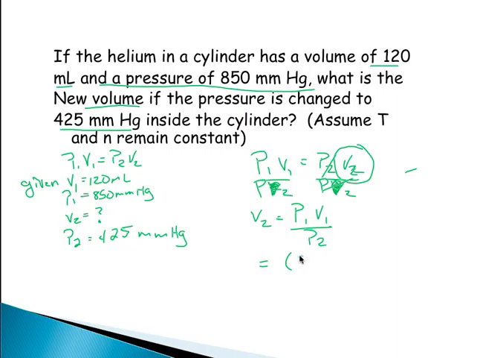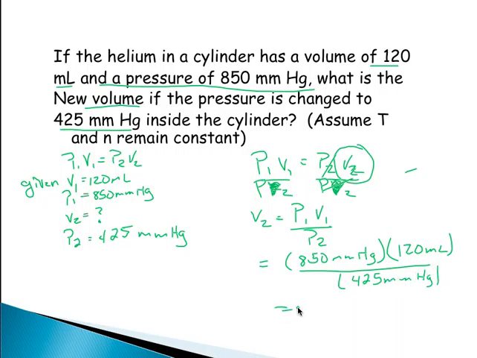Substituting in, P1 is that 850 millimeters mercury times the first volume, 120 milliliters, over P2, 425 millimeters mercury.